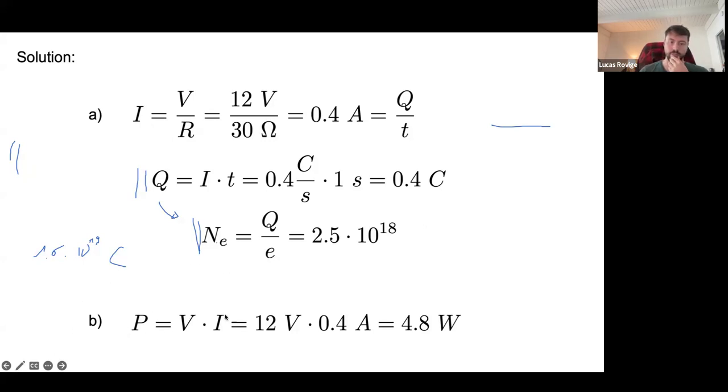And then let's look at the power dissipated in our equivalent resistor. We have obtained the current I. We also have the potential difference V, so we can just multiply the two of them and get 12 volts multiplied by 0.4 amps equal to 4.8 watts. So roughly 5 watts, which is on the typical order of small electronic appliances.